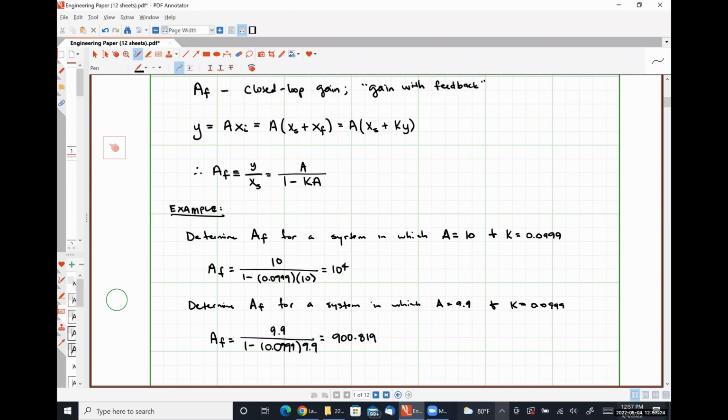If we established a feedback system to where we had a closed loop gain of 10 and a K value of 0.1, we would have A over 0, which means that our closed loop gain is infinitely large. What does that imply? Well, it implies that we're going to get an output signal when we don't apply an input signal. We are going to introduce or generate unwanted signals.